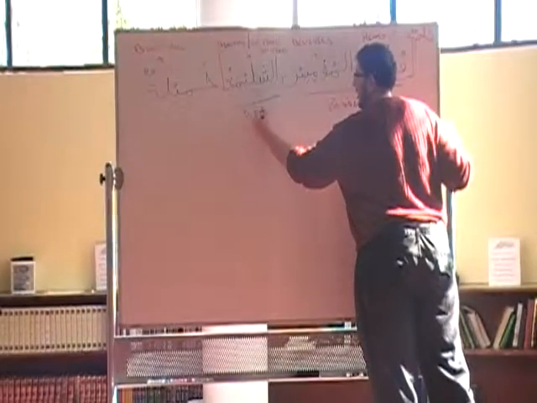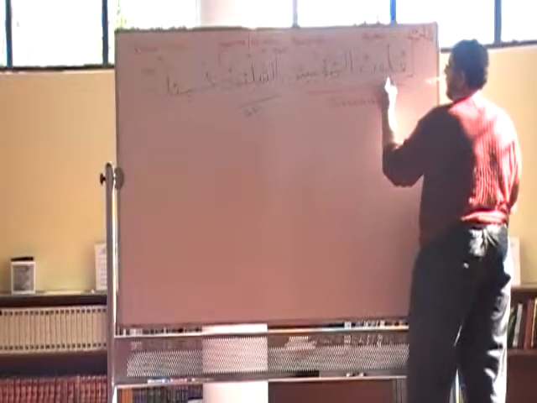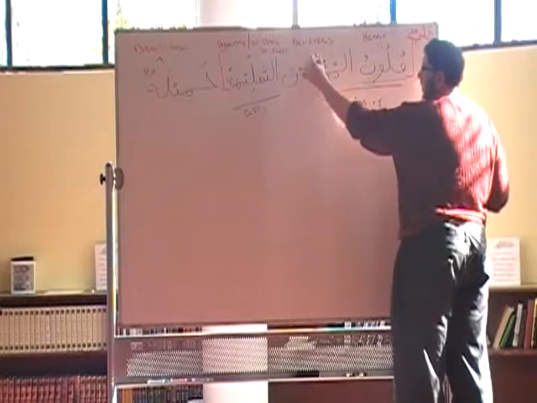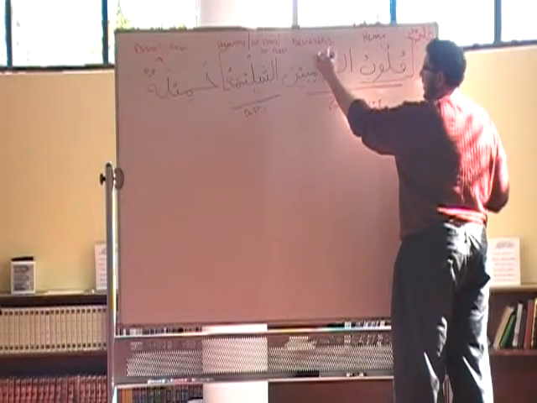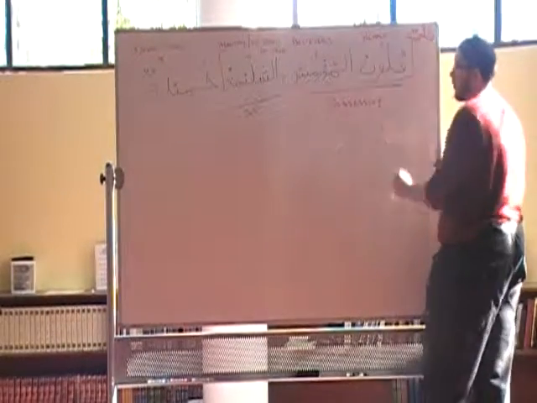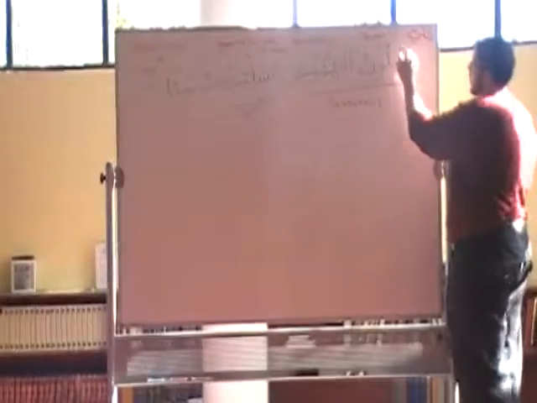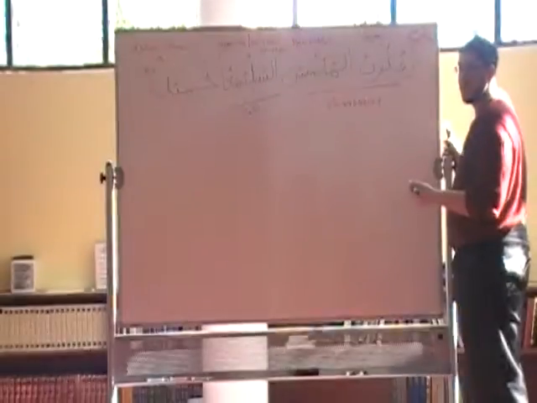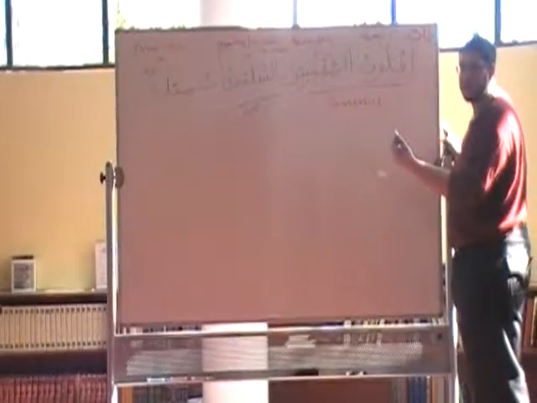Adjectival compound. This is the adjective, and this is being described. So the Qulub, even if you took out Mu'mineen completely, I'm just going to do this. Right? Al-qulub as-salimatu. That is an adjectival compound.